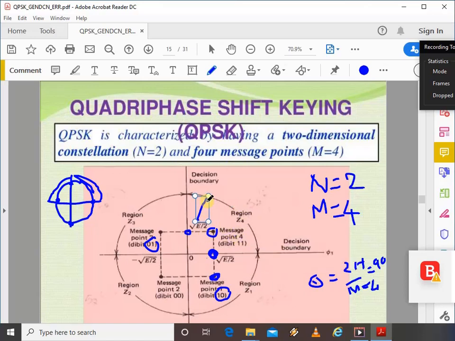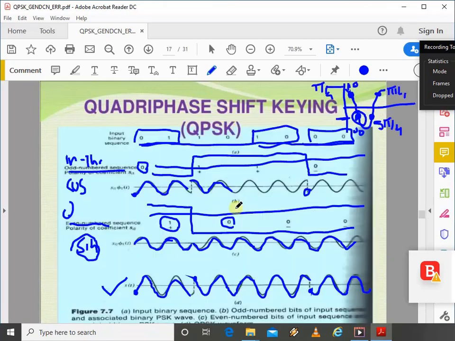So we have to calculate the probability of the correct decision for dibit 11. The probability of a correct decision plus the probability of error is always equal to 1. By knowing the probability of correct reception, one can calculate the probability of error: Pe is equal to 1 minus Pc. If you subtract the probability of correct reception from 1, you get the probability of error. So this is what we are going to follow here.